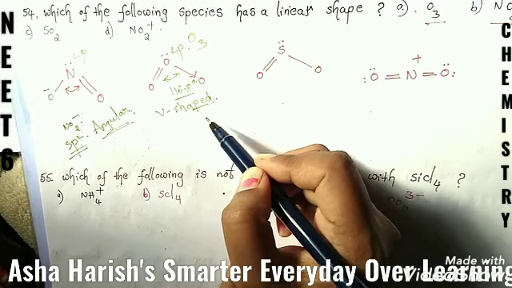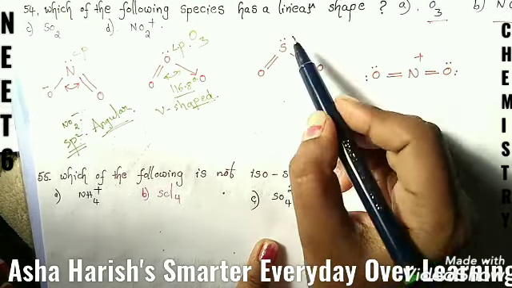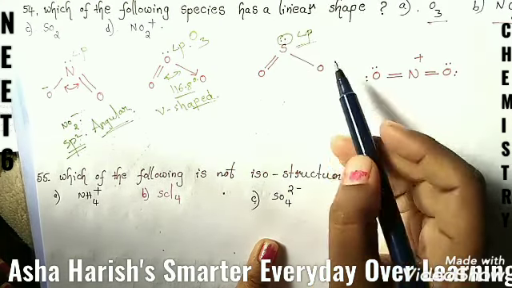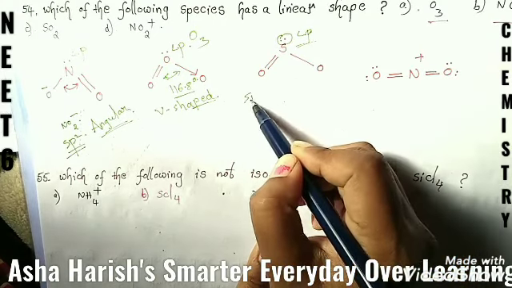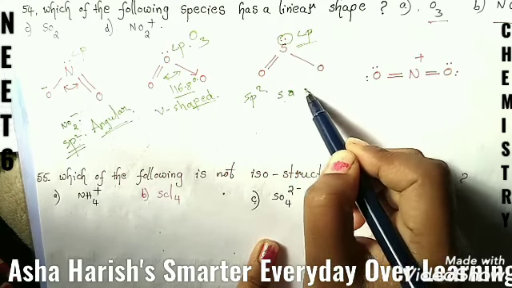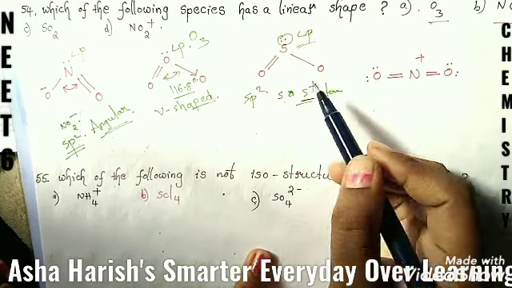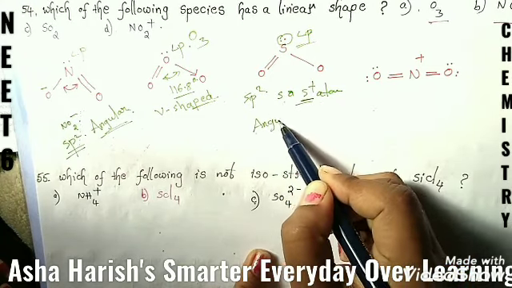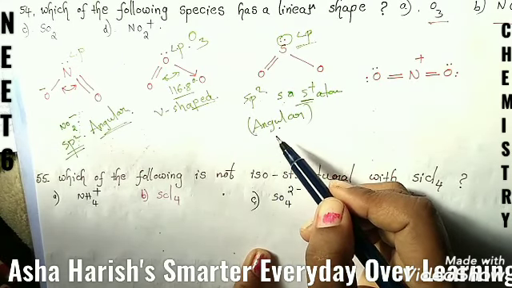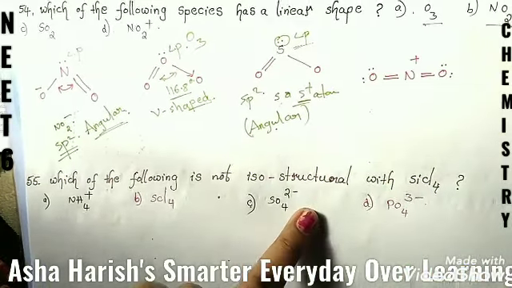Okay, and for this SO2, due to the presence of lone pair of electrons in one of the three sp2 hybrid orbitals and sp2 hybridization of sulfur atom, SO2 molecule has angular and reverse V shape. Okay students, and here we have one LP, lone pair of electrons.